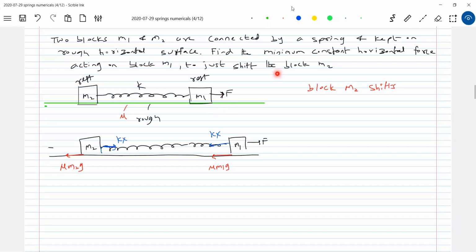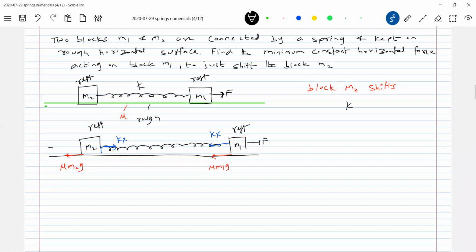That's what the minimum is asking. So I have to search for that minimum like this. If block m1 accelerates, it will not become minimum. Then you would write the equation F minus kx minus mu m1g equal to m1a, so definitely the force will become a greater value. Since he has asked for minimum, when m2 is about to shift, the state of block m1 should be at rest.